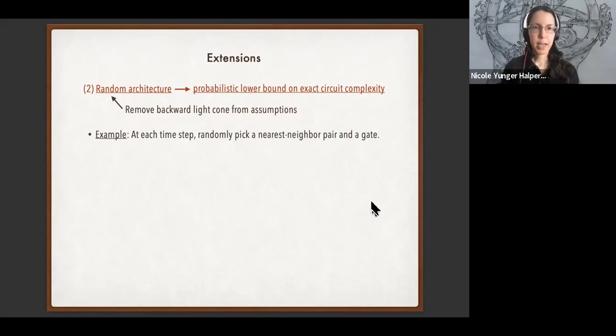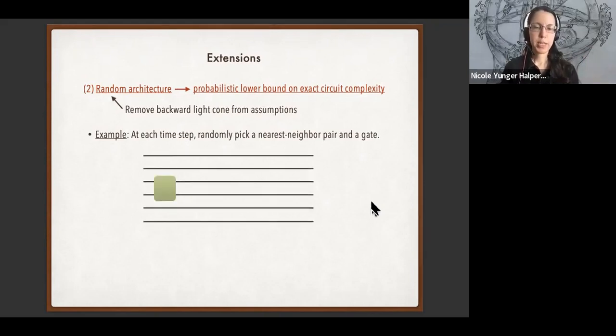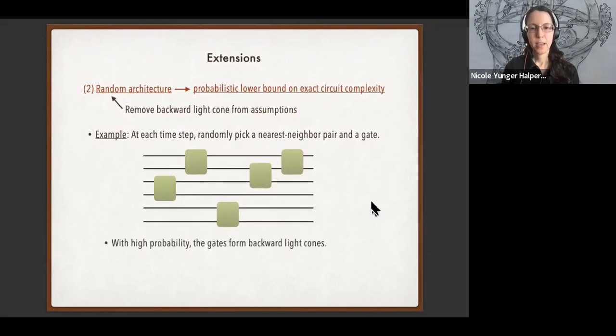In an example of how we could construct a random architecture, we could imagine at each time point randomly picking a pair of nearest neighbor qubits as well as a gate to apply to them. So at this time, we might choose these qubits, then we could choose these qubits, and then these, and so on. With high probability, the gates end up forming backward light cones on their own.